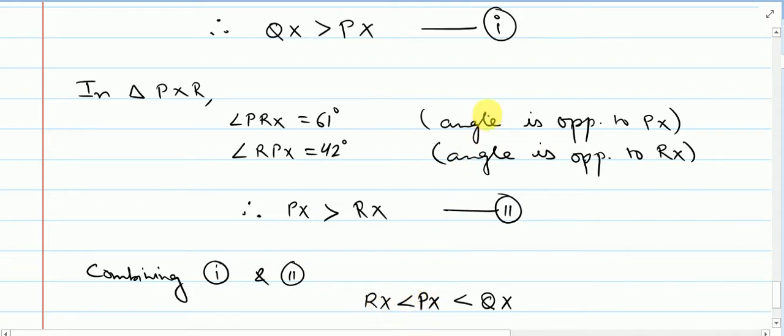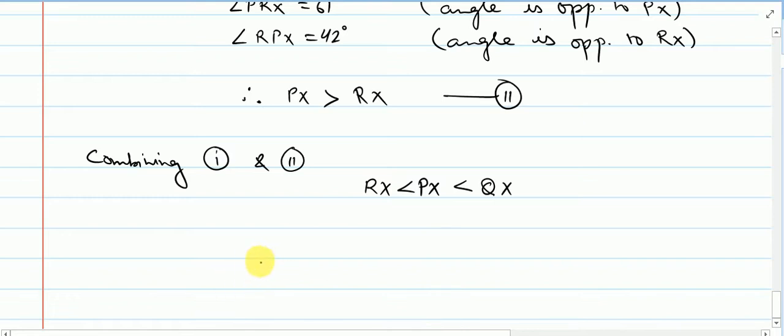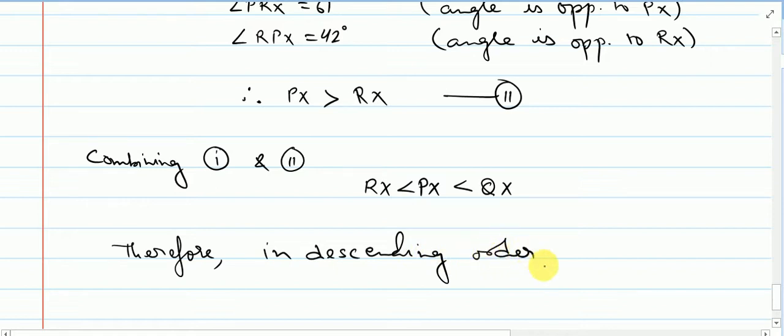So joining 1 and 2 I got that PX is greater than RX and less than QX. But here we have to arrange in descending order. Therefore, in descending order it will be QX, then PX, and then RX. Okay, so this is the answer. Clear?